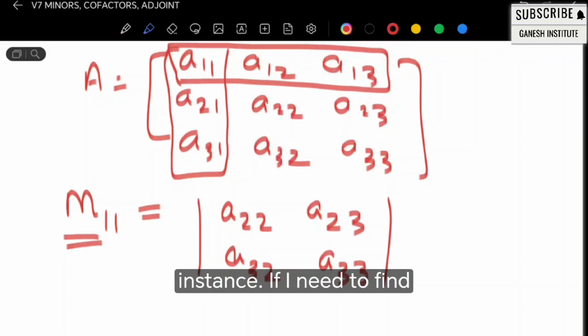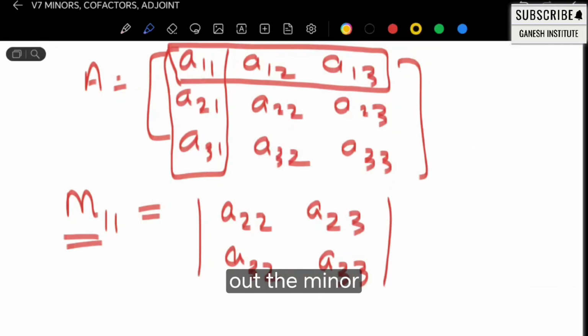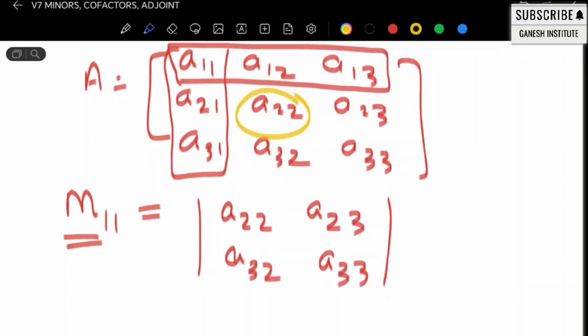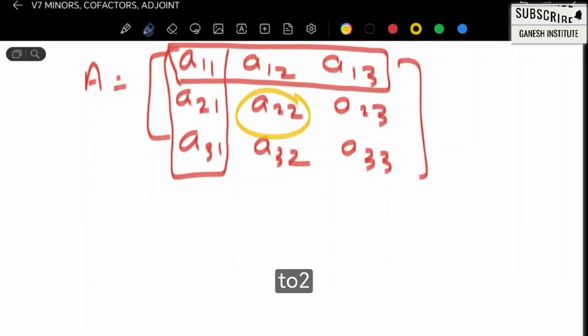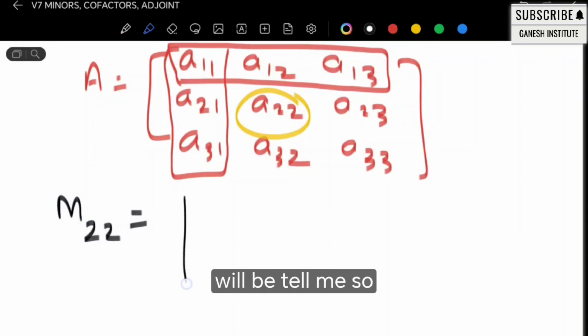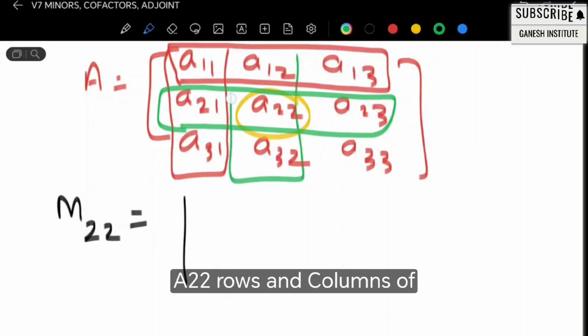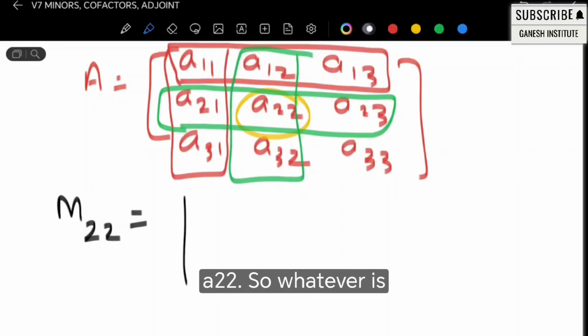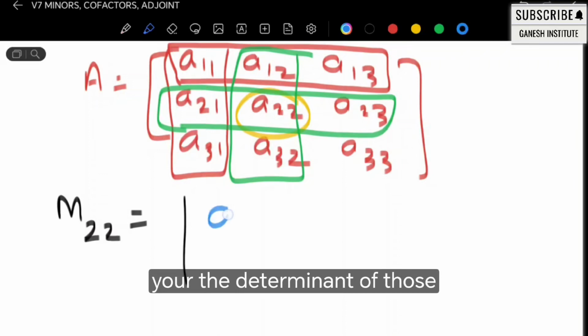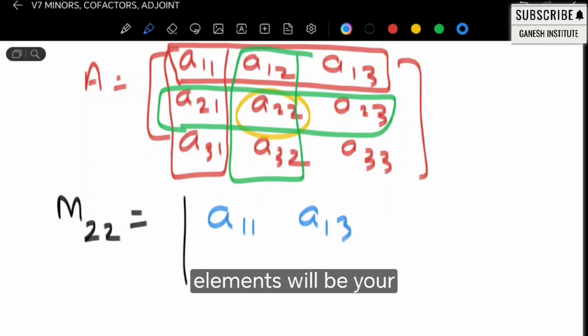For instance, if I need to find the minor of A22, you need to hide the row and column of A22. Whatever is left, the determinant of those elements will be your minor.